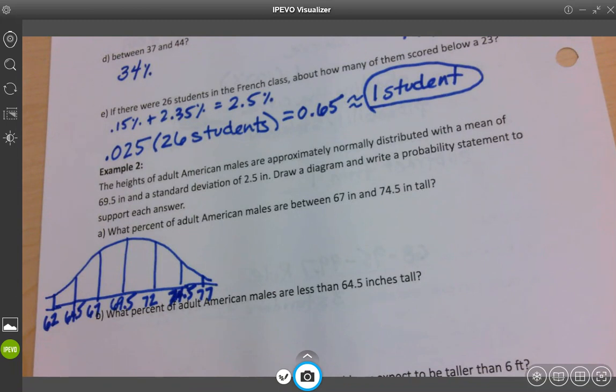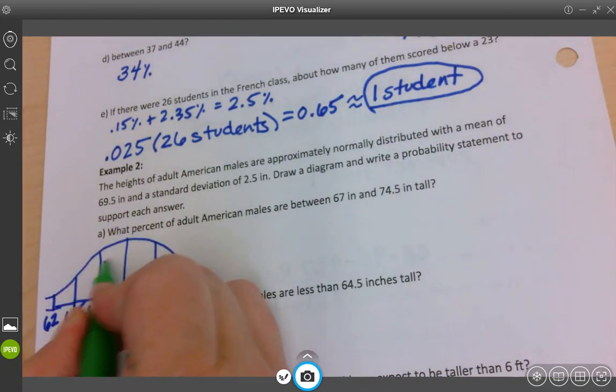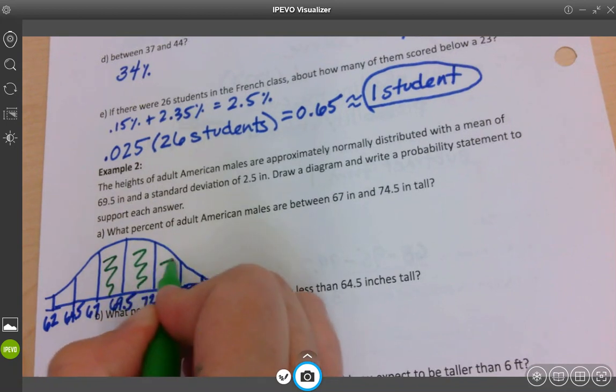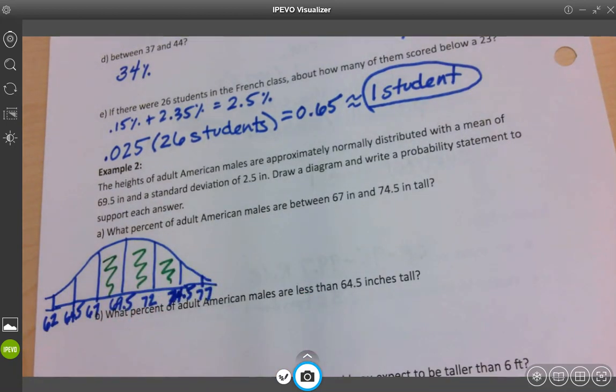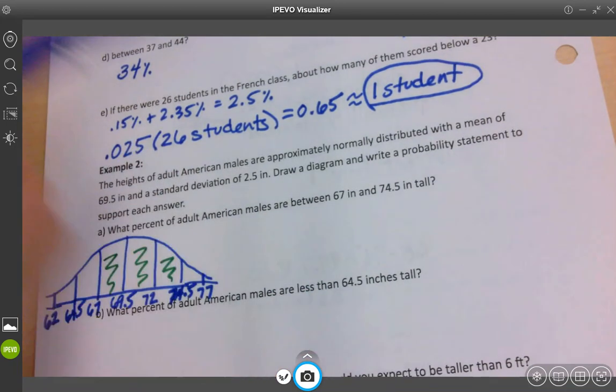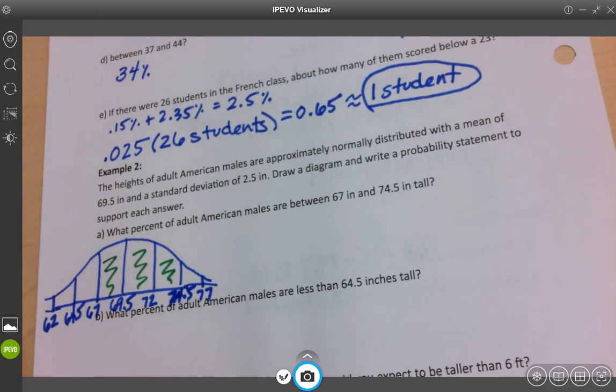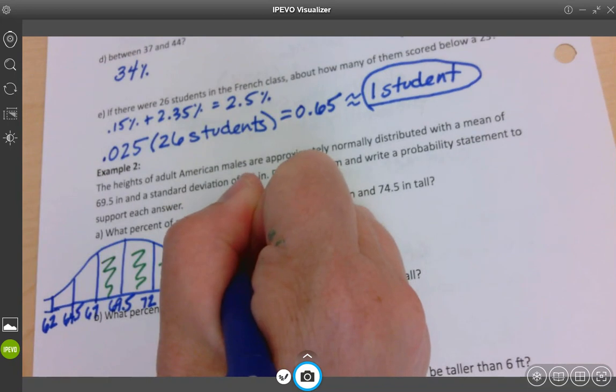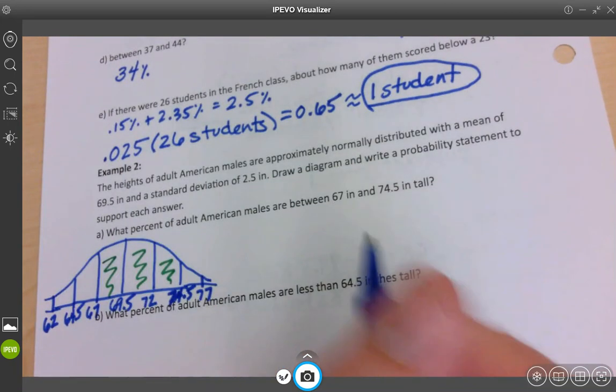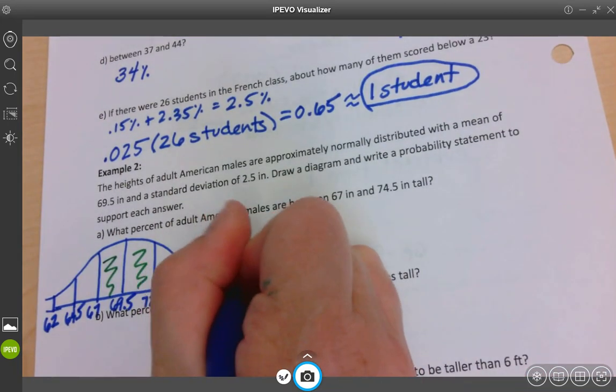All right. What percent of American males are between 67 and 74.5 inches tall? So 67 and 74.5. Now, I don't have to rewrite the percentages every time. They're going to be the same regardless. So I'm going to add those up. And actually, let me show you what the probability statement looks like.